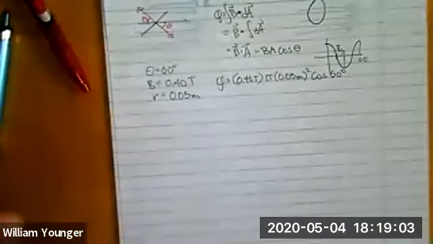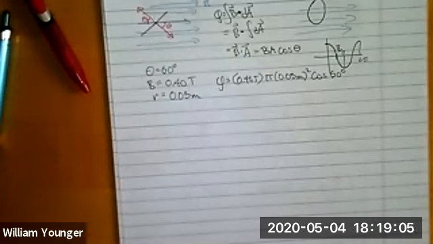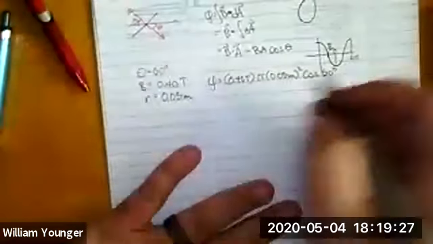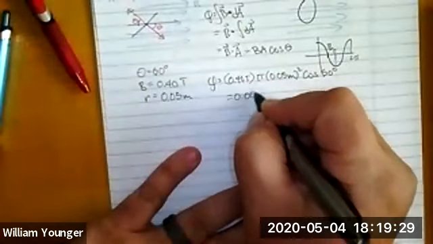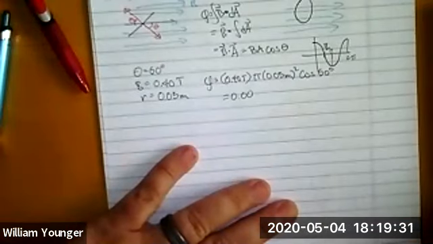Okay. So if I want to put that in my calculator, I'll do 0.4 times pi times 0.05, and rather than waste time looking for the square on this button, I'm going to just type 0.05 twice. Times cosine 60, and I get 0.00157.